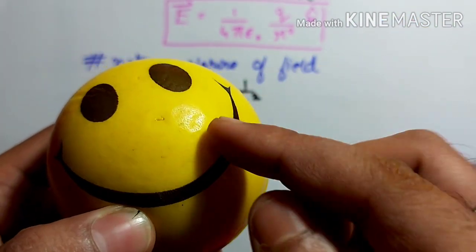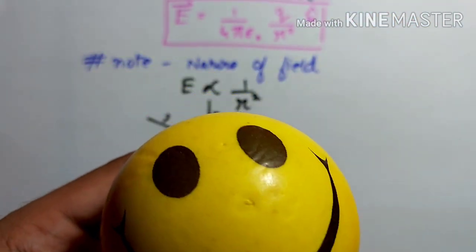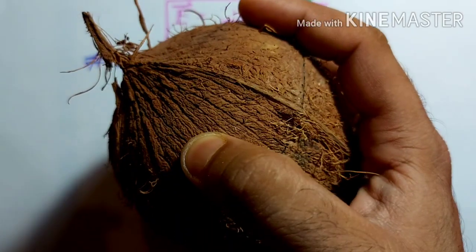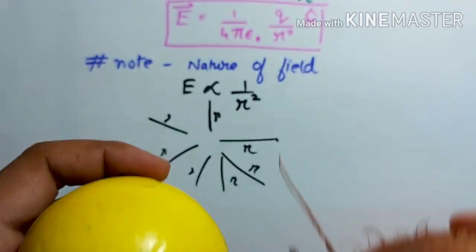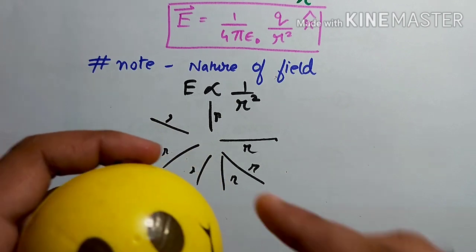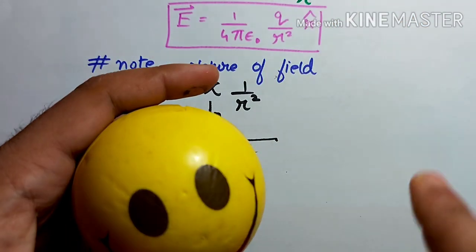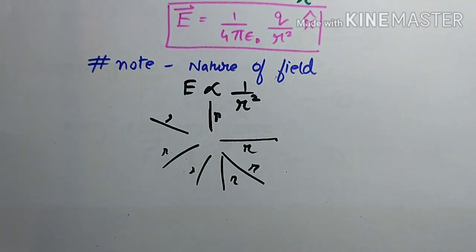If I consider a larger sphere, then the surface is a larger one. So with the increase in distance r, the size of the sphere keeps on increasing.